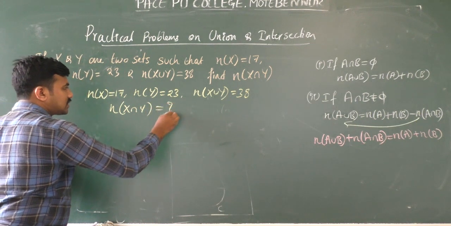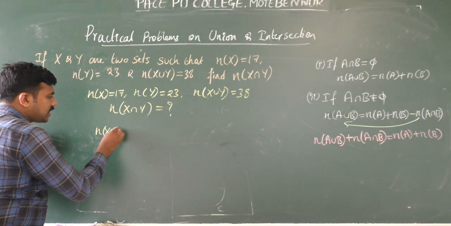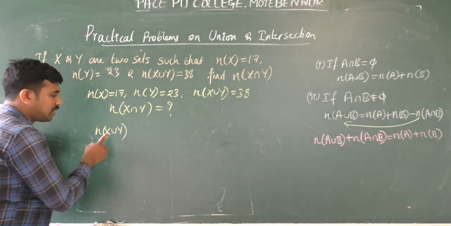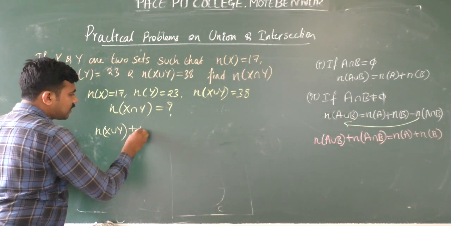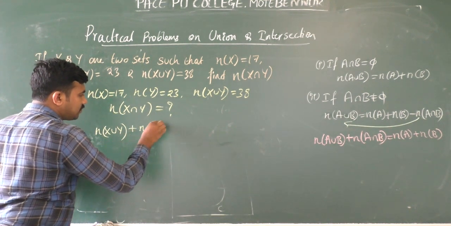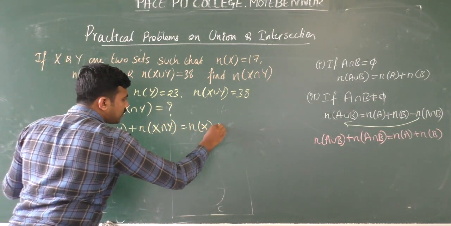For that we have the formula: just replace the terms A and B with x and y. n of x union y plus n of x intersection y is equal to n of x plus n of y.